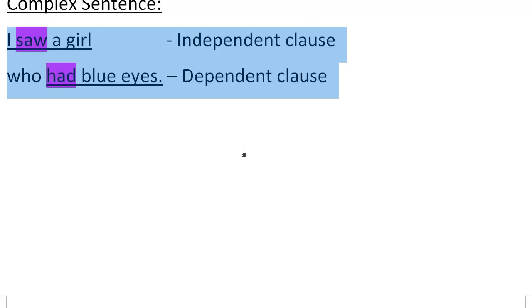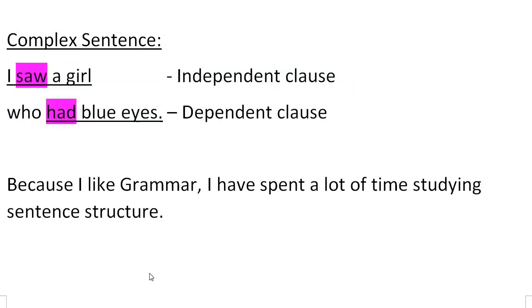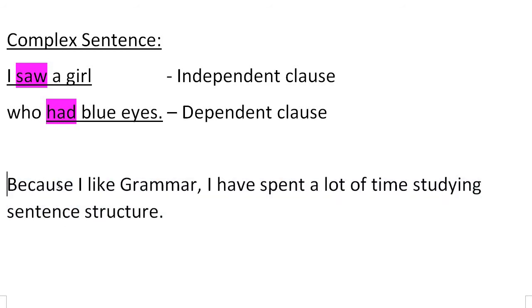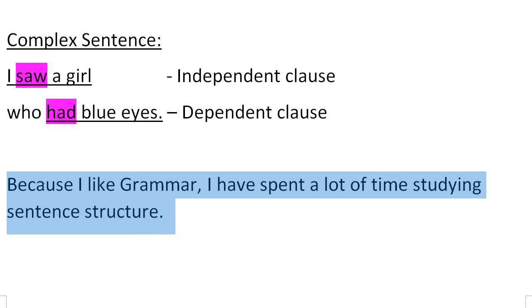All right, let's look at another example. So let's look at a little bit of a longer complex sentence here. And I think this is an important one because you'll notice there is the conjunction because in front of it. Now, you've been taught don't start a sentence with because, but that is actually untrue. If you use it correctly, you can start a sentence with because.